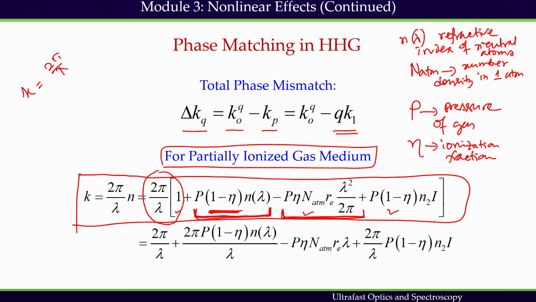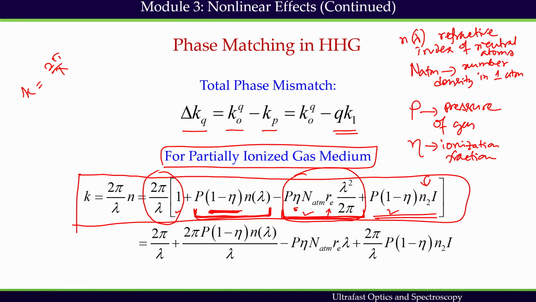That dispersion depends on the pressure, the ionization fraction, how many molecules have been ionized, the classical radius of the electron, and then lambda square by 2 pi. These come directly from the plasma characteristics of the medium. And the last one is the nonlinear refractive index, which is why we have the N2 term, which depends on intensity. So intensity also contributes to the phase matching.